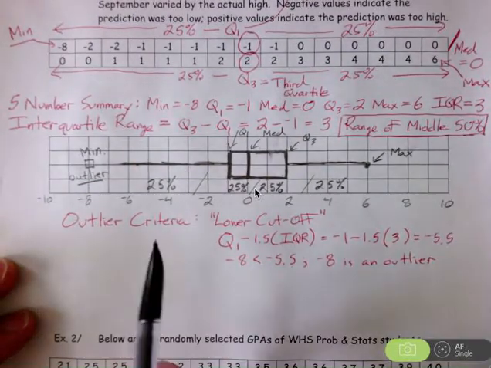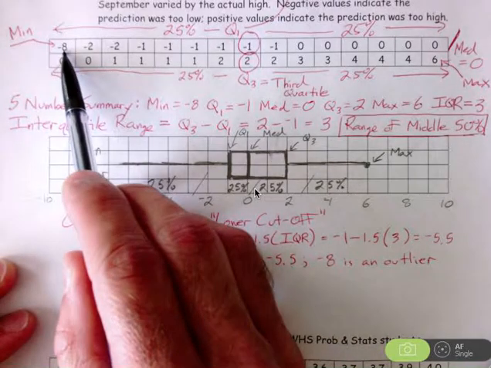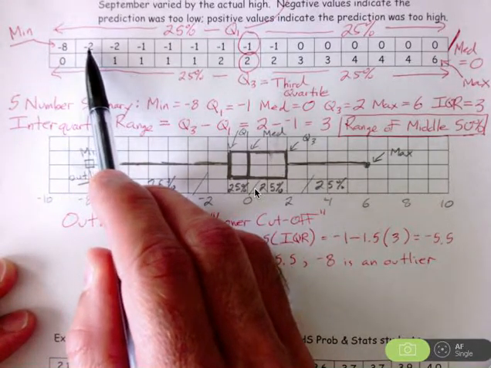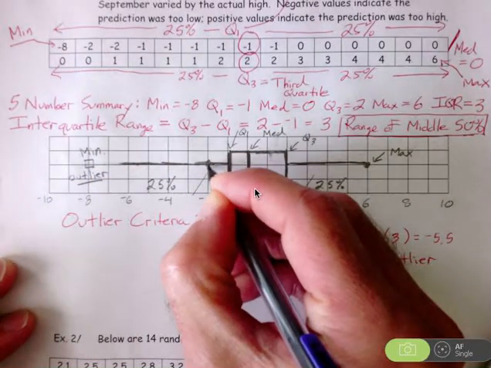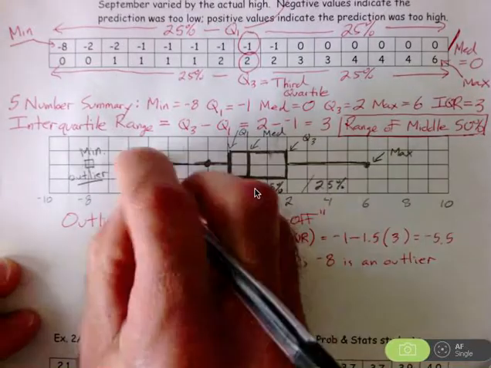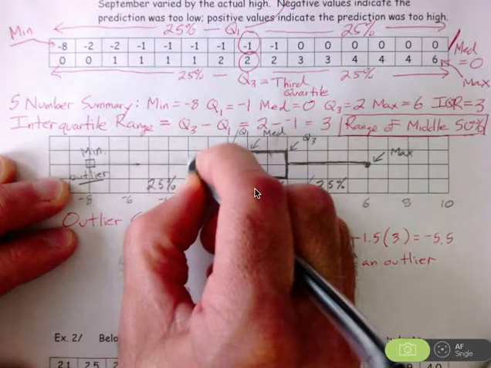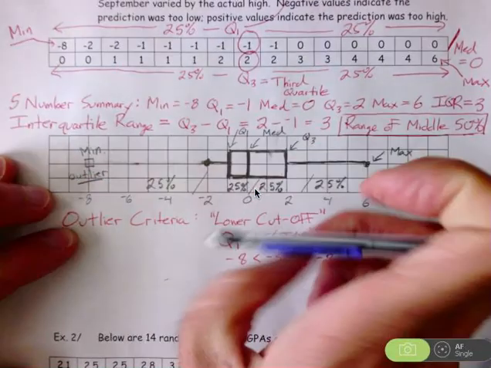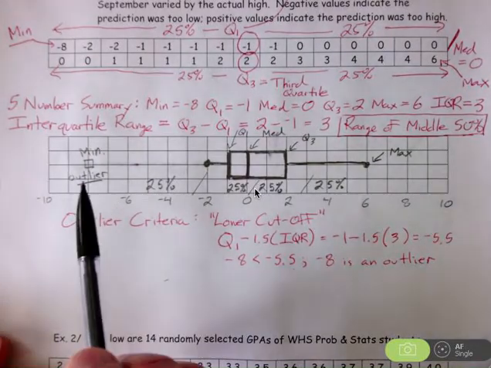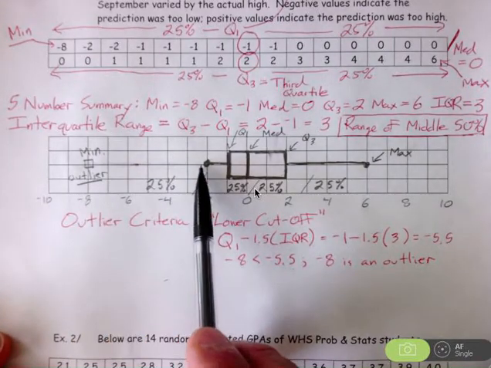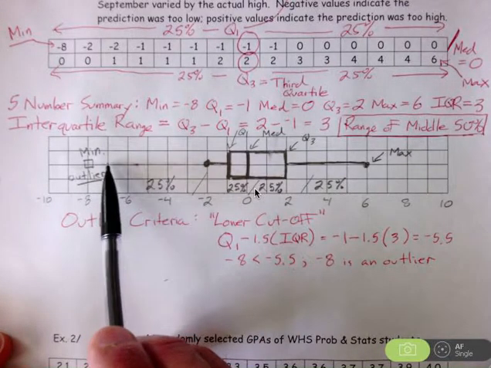Now, then the next question is, where does this whisker now stop? Well, the -8 is an outlier. The next lowest value is a -2. So in fact, this whisker should stop way, way, way back here at -2. I'm going to erase all of this. Now you can see why it was important to actually label the outlier, because having the whisker that was this long was suggesting that there are data values in this span right here, and there weren't.